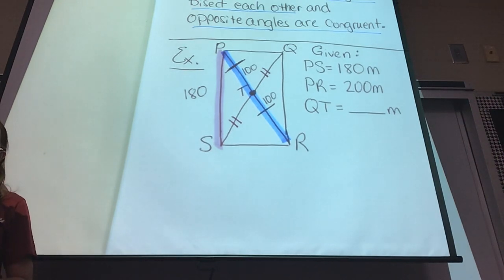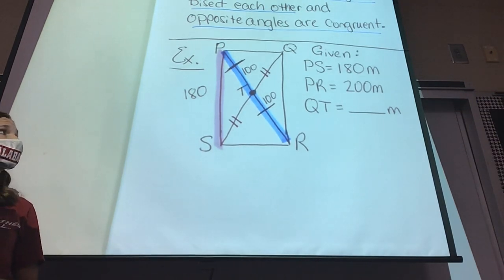Because if Q and S are split into two pieces, and 100 was the whole QS, don't you gotta divide 100 by 2 to get QT? Or is QT just 100?